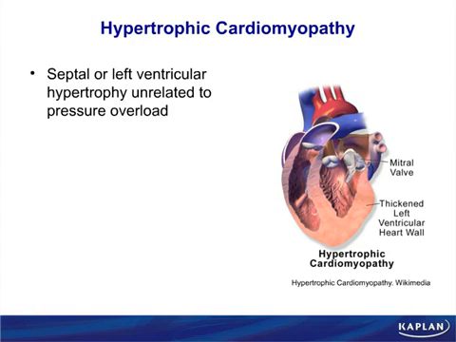This septal hypertrophy is one of the hallmark traits. The other hallmark trait is that we've got septal and ventricular hypertrophy, but it's not related to a pressure overload. It's not an increase in afterload that caused this hypertrophy.